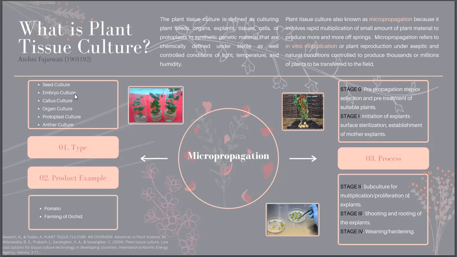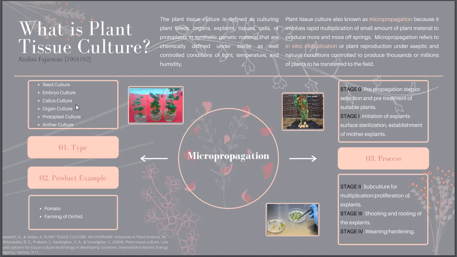And then for the callus culture, callus is an unspecialized, unorganized, and undifferentiated mass of cells arising from explants under in vitro conditions. So in callus culture, it depends on the species that we would like to do micropropagation on.